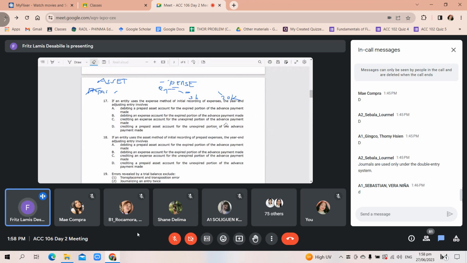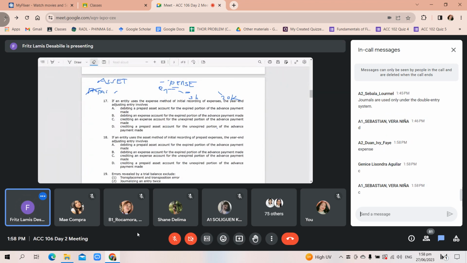We debit an asset and credit what? We credit expense. So which of the choices matches this description? Which letter? Letter C, sir. Correct, no?